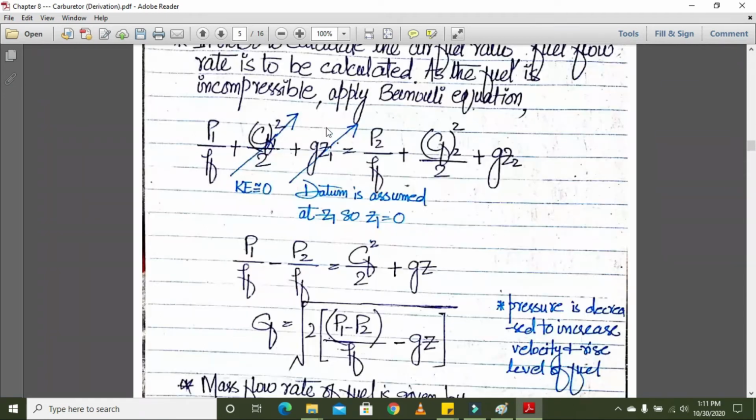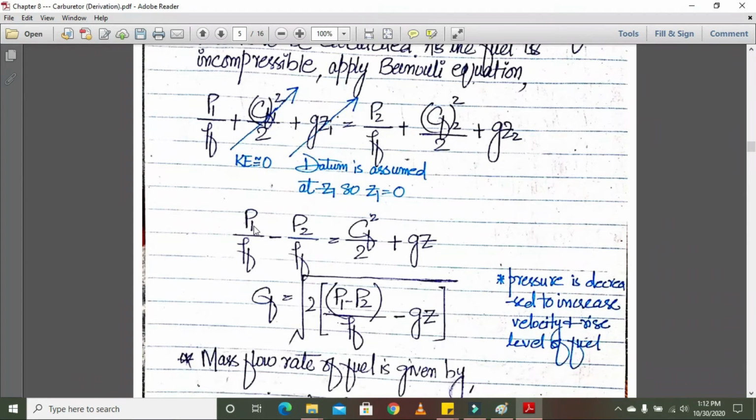Now we will send this P2 upon rho f to the left side, where it will be subtracted, and we will get P1 minus P2 upon rho f.